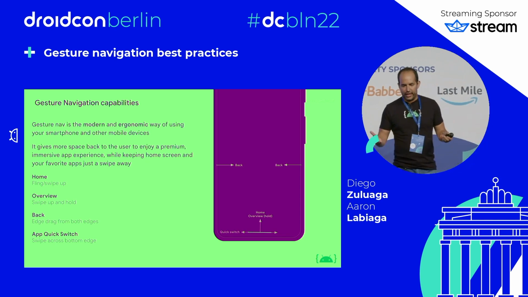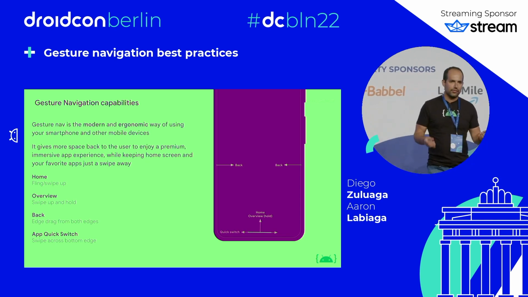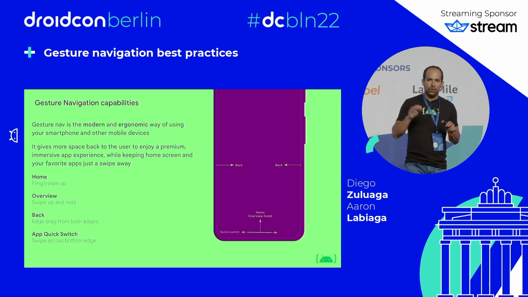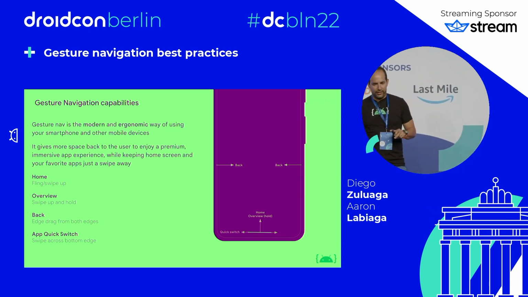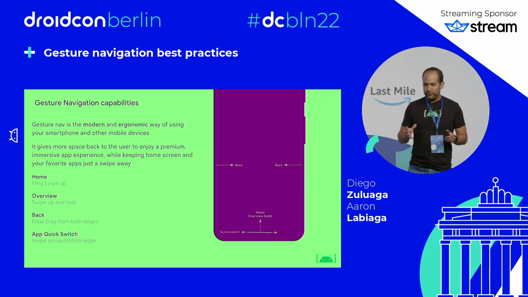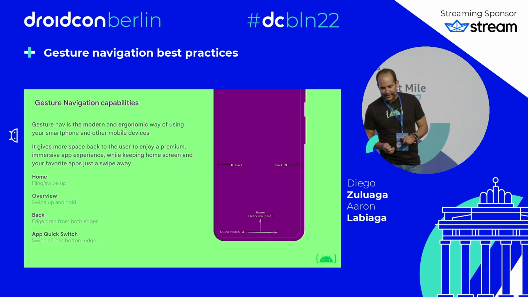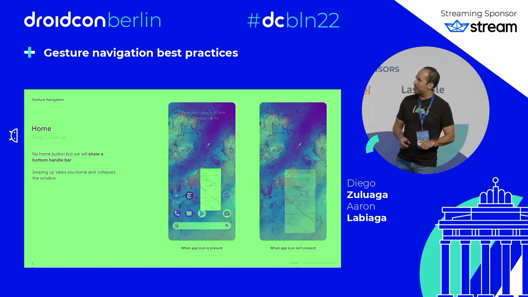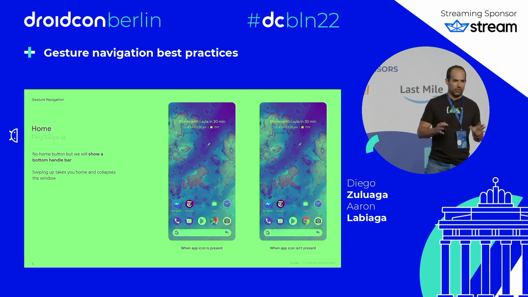So you have the ability to go home, to swipe back from your apps, to go to an overview where you can see all the apps running, then the back gesture, which is what we want to focus our talk on today, and the app quick switch.